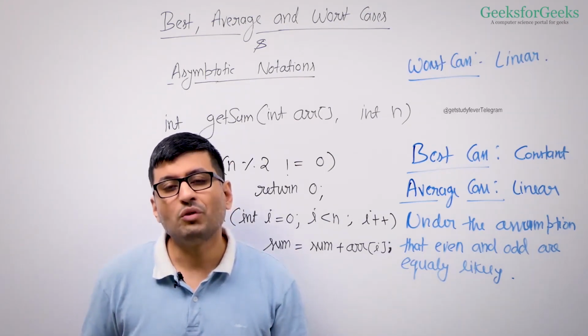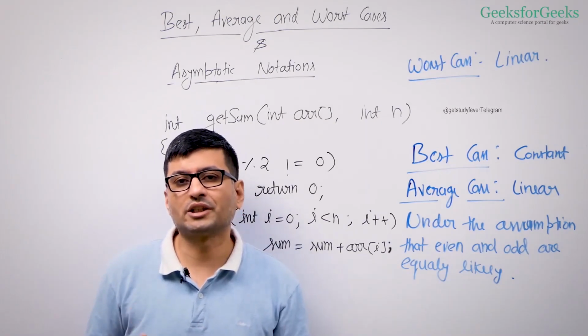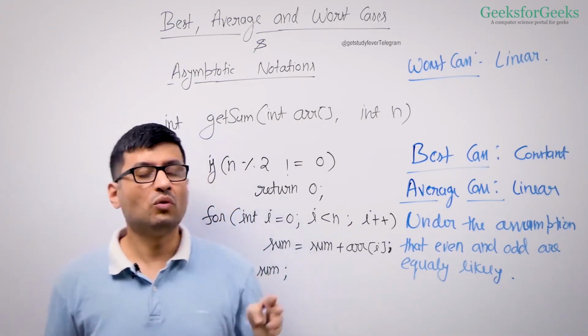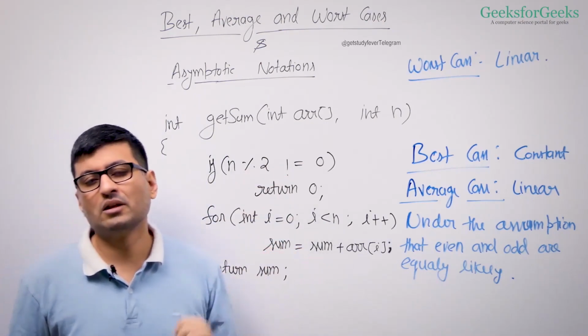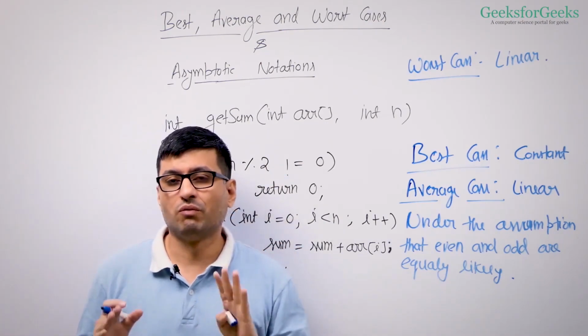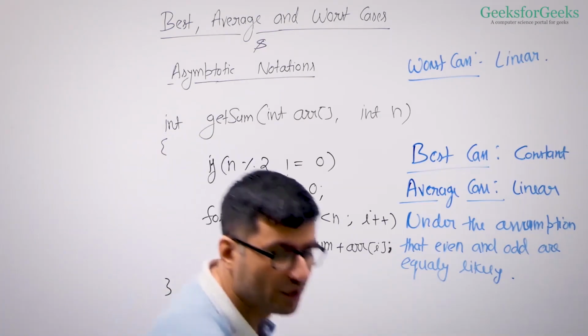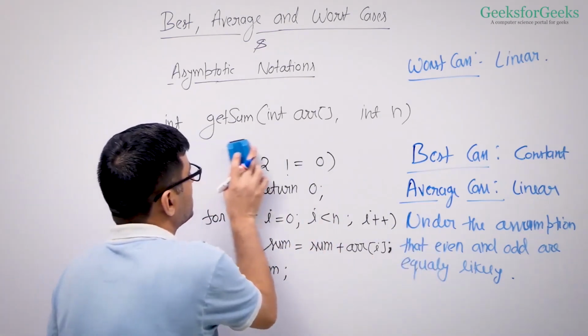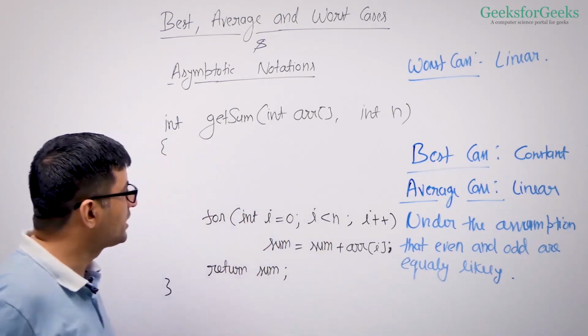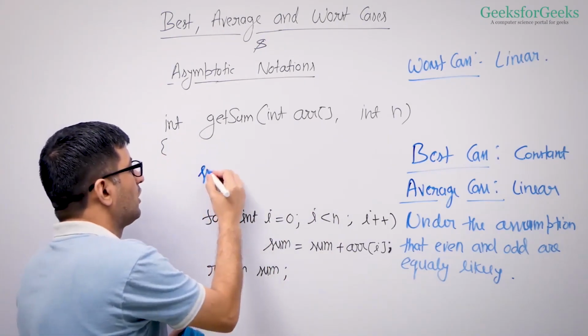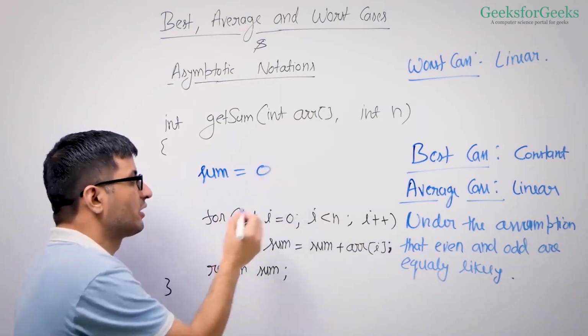Please note that we make this decision of worst case only when we have different cases. When we have one simple algorithm that always takes linear time like the previous program without this condition, we can simply say that order of growth of this algorithm is linear, right?